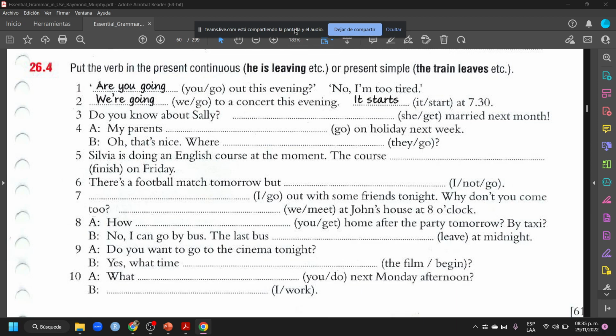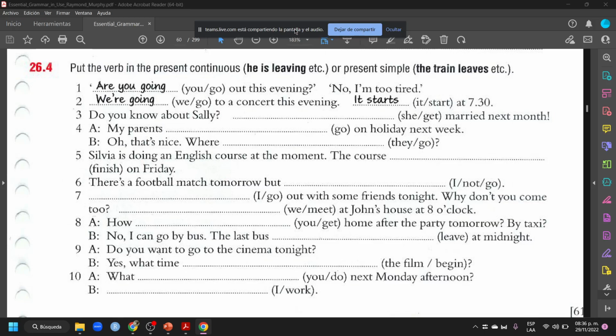Ready, teacher. Okay, great, excellent. Can you send me the answer for number 3, please? Do you know about Sally? Is she getting married next month? Number 4: my parents are going on holiday next week.